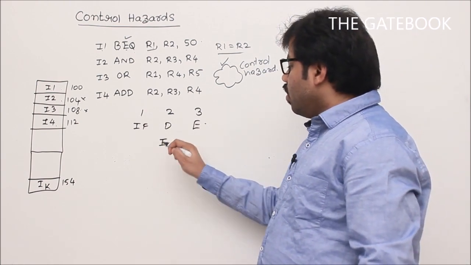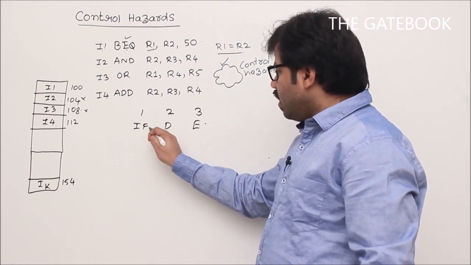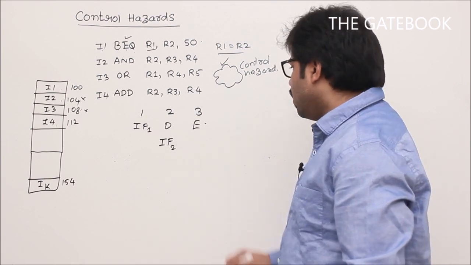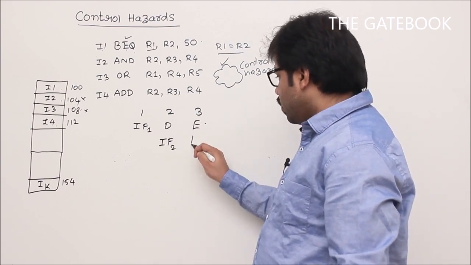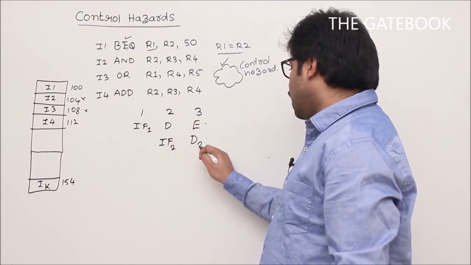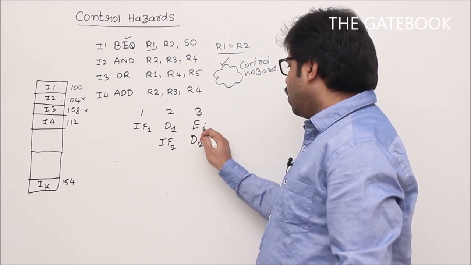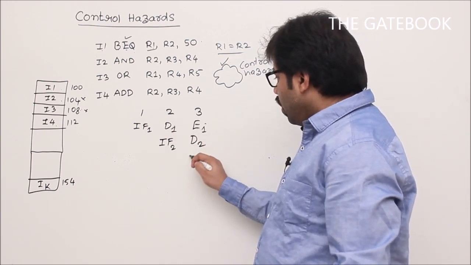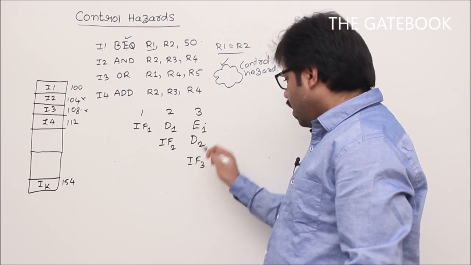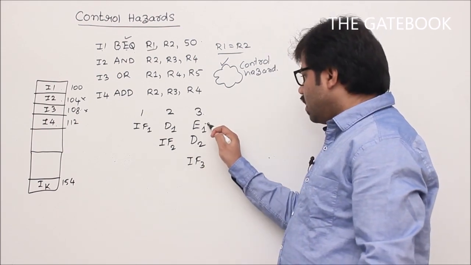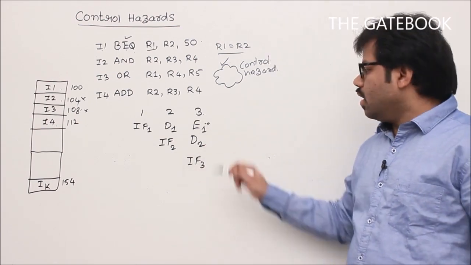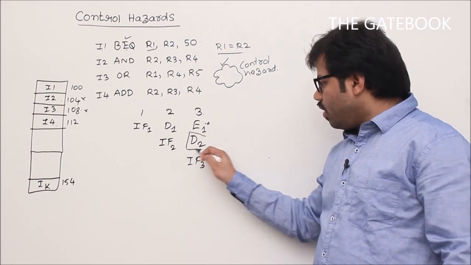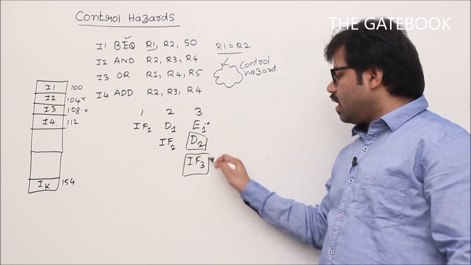By that time, mistakenly, you will be fetching the second instruction and decoding it. Sorry, you will be decoding the second instruction, and by that time you will be fetching the third instruction.